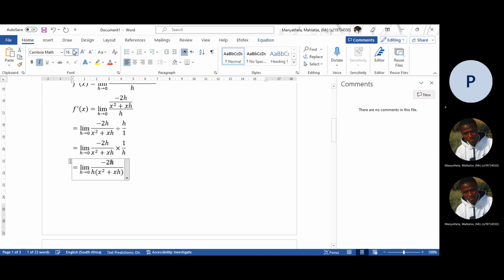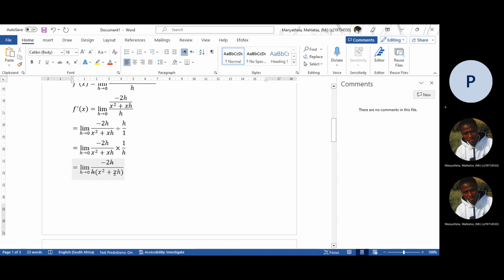After cancelling h by h, every time you're deriving from first principles, the minute you divide or take out h as a common factor, in the next step any term that is remaining that contains h, you drop it, you drop the limit, and then you give the final answer.